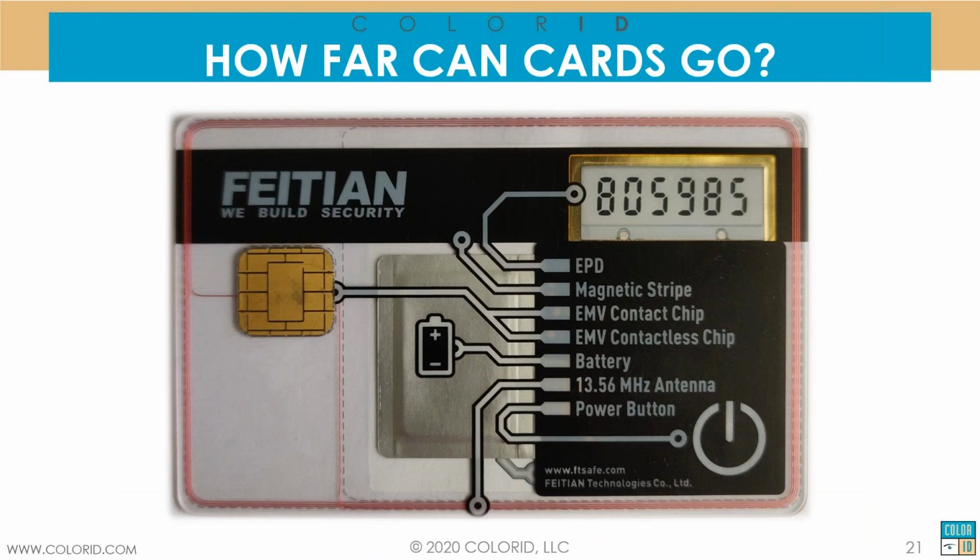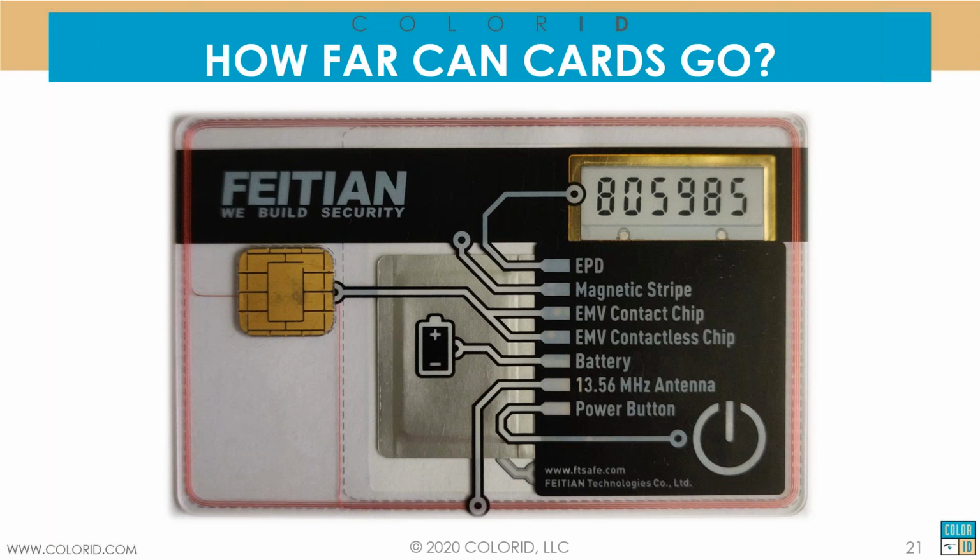And then, just looking ahead, how far can cards go? I picked this up at a trade show about 6 months ago. It's a real card. It really is a CR80 size card, both in this dimension and in thickness. It's just 30 thousandths of an inch thick, like a regular card. It does have this number which generates an OTP. The screen generates a one-time password number, like an RSA token.